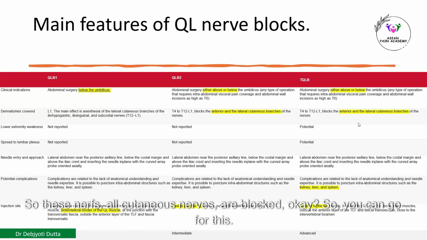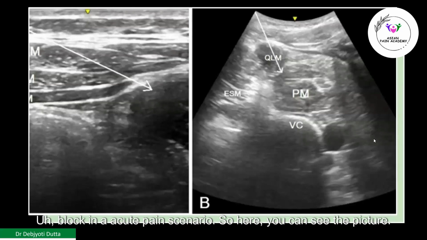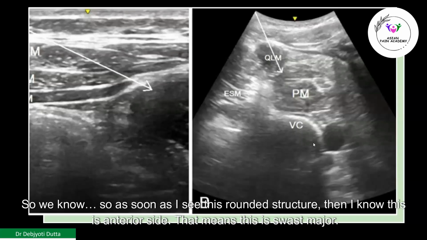So you can go for this block in an acute pain scenario. Here you can see the picture when the patient is in lateral decubitus position and we are seeing from the flank. As soon as I see this rounded structure, I know this is the anterior side, that means this is psoas major.